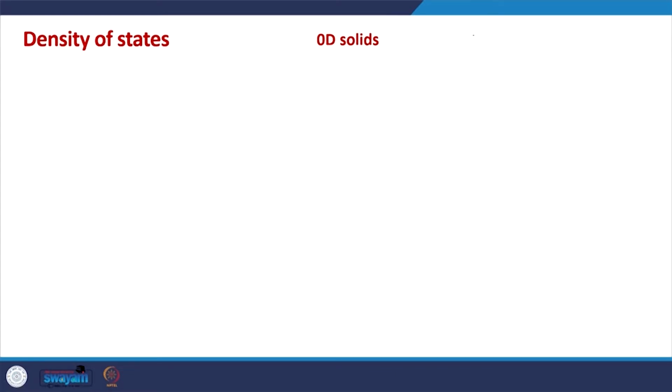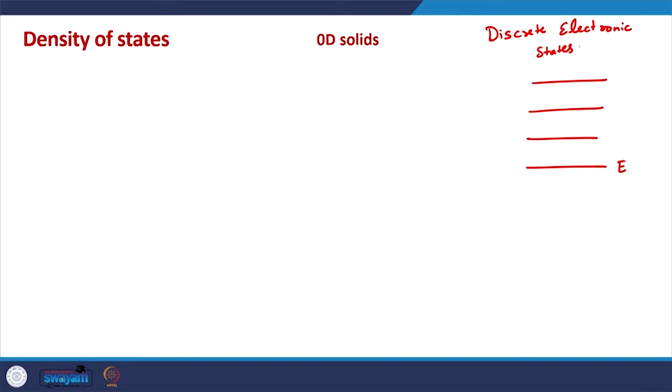the answer is simple: there are discrete electronic states. If we plot the states in an atom, this is how it looks. The confinement in all directions causes discretization of electronic states.